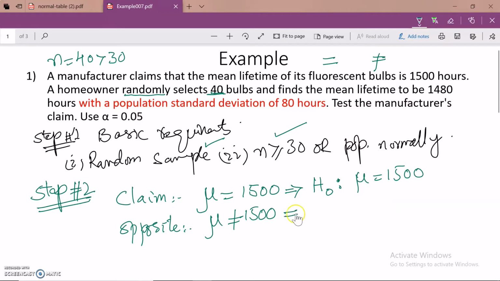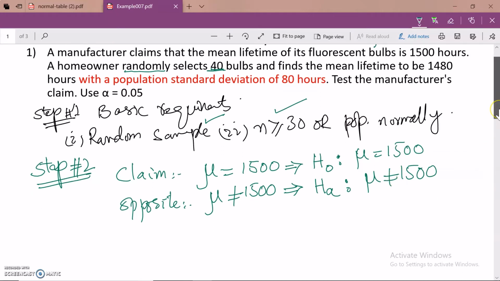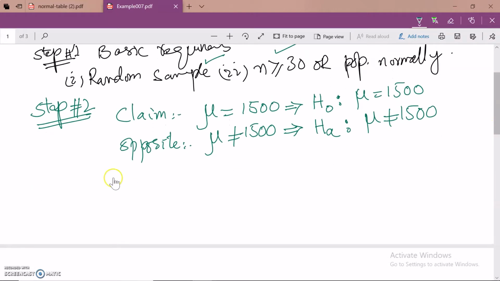If the first one is our null hypothesis, definitely the second one will be our alternative hypothesis: mu is not equal to 1500. So we have found the null hypothesis and the alternative hypothesis. Now we are going to decide what type of test it is. The type of a test is always decided by the alternative hypothesis.